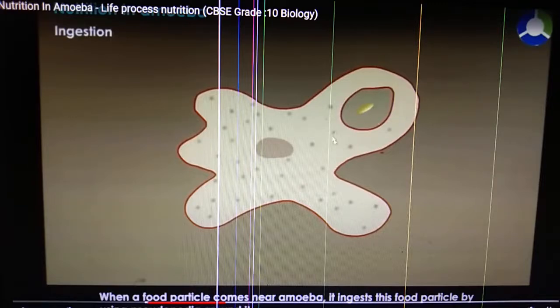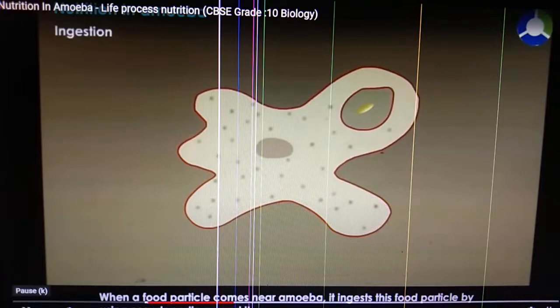So the process of capturing food by forming a finger-like projection called pseudopodia is called ingestion. This is the food, and the vacuole that forms is called the food vacuole.